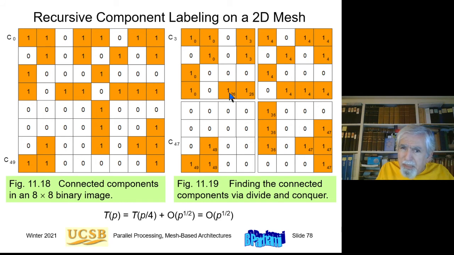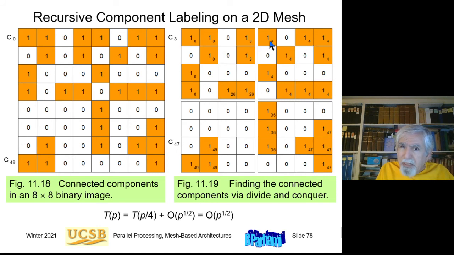Processor 26, so this is component 26 and so on. And then these two exchange information, and this cell figures out now that component 4 is the same as component 3. They're connected. So this information now propagates by broadcasting across the row.